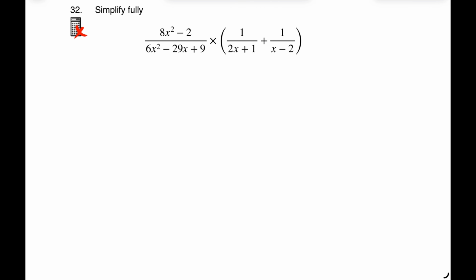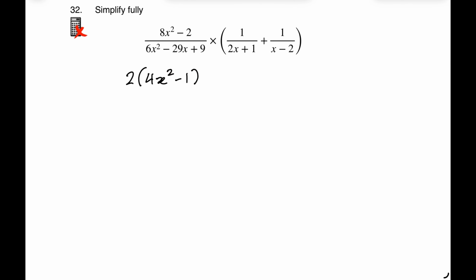So, 8x squared minus 2. Well, I can take a factor of 2 out of there, and that leaves me with 4x squared minus 1. Now this is actually a difference of 2 squares.